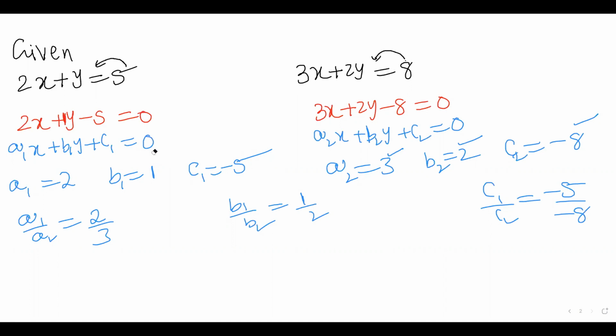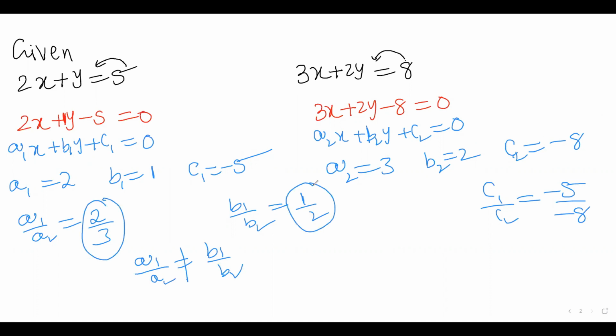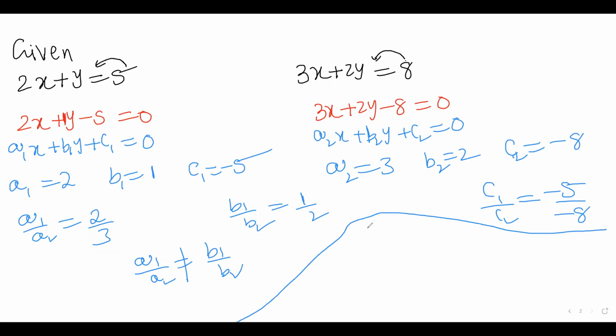We notice that a1 by a2 is not equal to b1 by b2. This is 2 by 3, this is 1 by 2. These two are not equal. Then immediately you can conclude that the lines are intersecting lines.